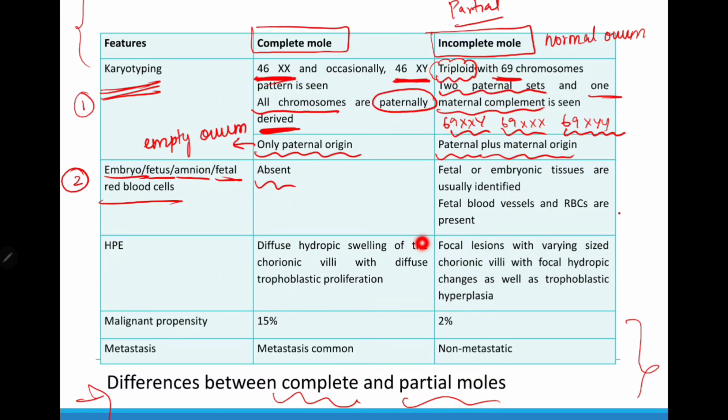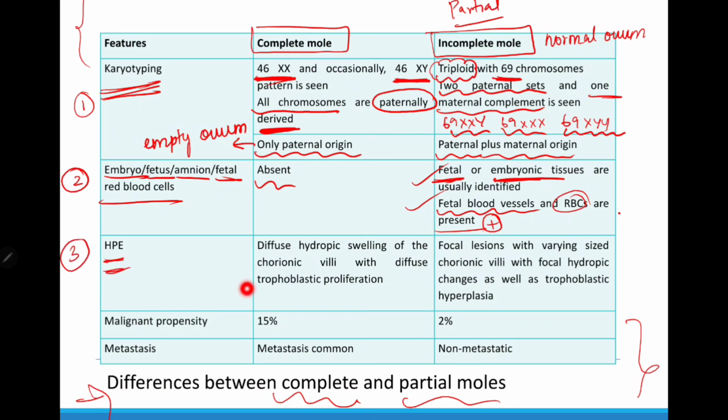But in a partial mole, fetal or embryonic tissues are usually identified, as well as the fetal blood vessels and the RBCs are present.